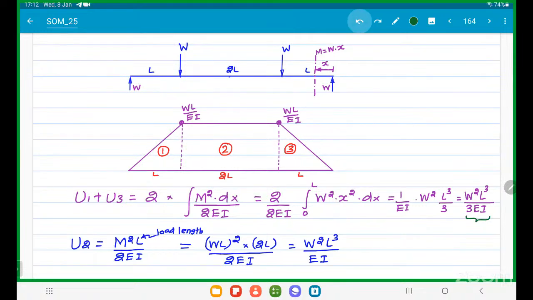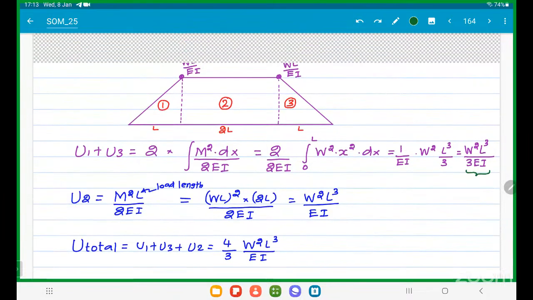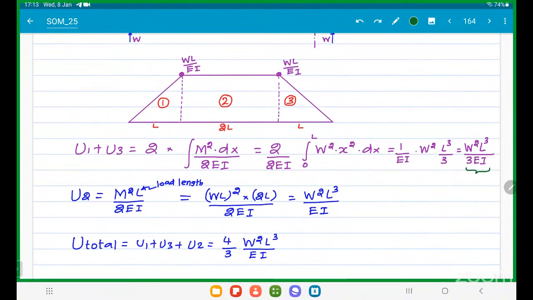Okay. Next, strain energy due to 2, constant bending moment. So U2 is equal to M square L by 2EI. It is a general formula, right? What is the M value? M is equal to W into L. This distance L, W into L, right? M square equal to W square L square.